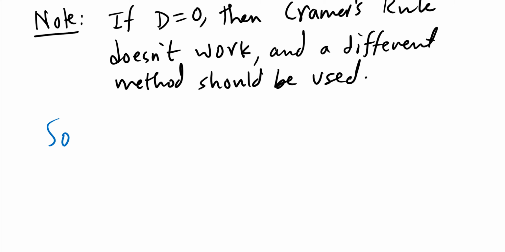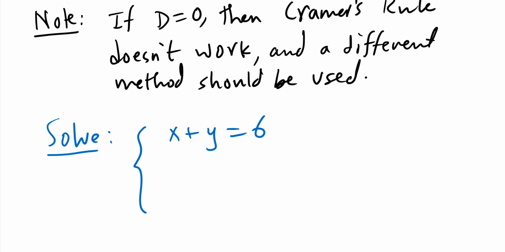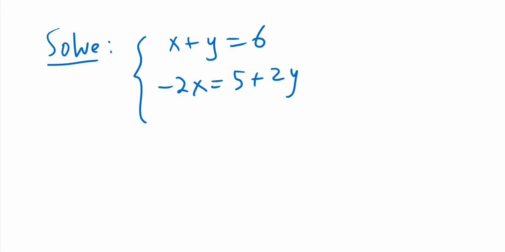Let's look at another example. Let's say they give us x plus y equals 6, negative 2x equals 5 plus 2y. So what's the difference between this system of equations and the previous ones? Well, the first thing, you need to make sure to rewrite it in the form something x plus something y equals a number.